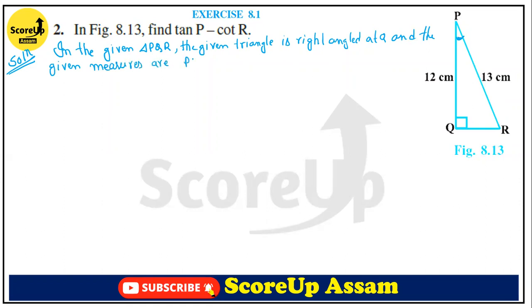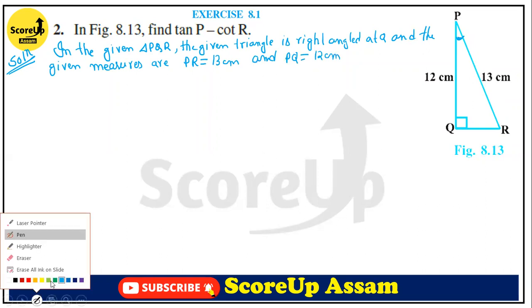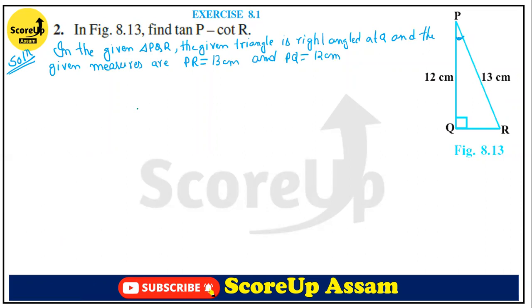And the given measures are PR is equal to 13 centimeter and PQ is equal to 12 centimeter. Since the given triangle is right angled, we need to find the value of QR.